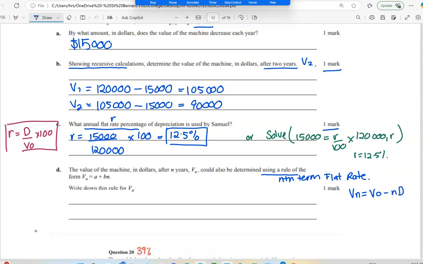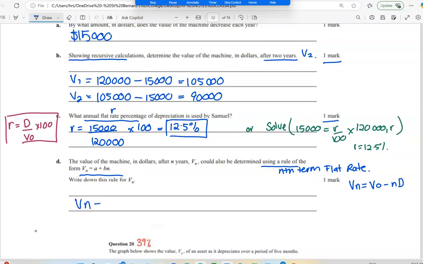It says write down the rule for Vn, in this format, which is the same as our format anyway. So Vn equals, what was V0 in this scenario? 120,000, I believe. Then minus, and they're telling you to put the number first, so D was 15,000, and just times n.